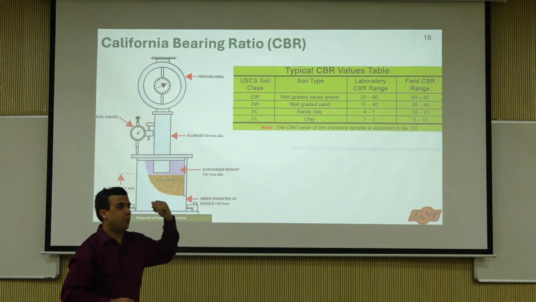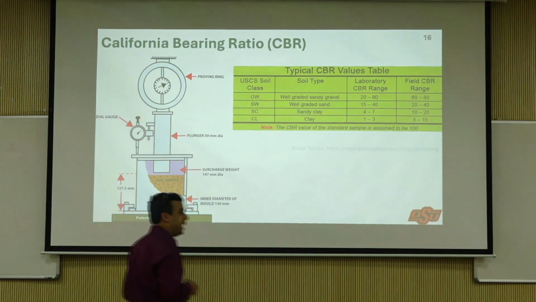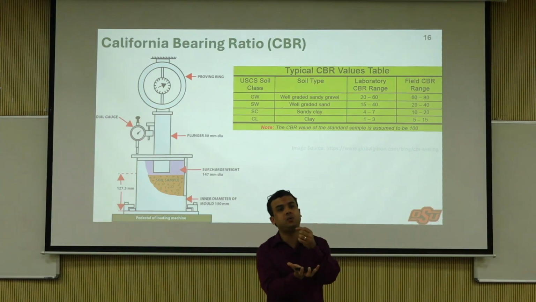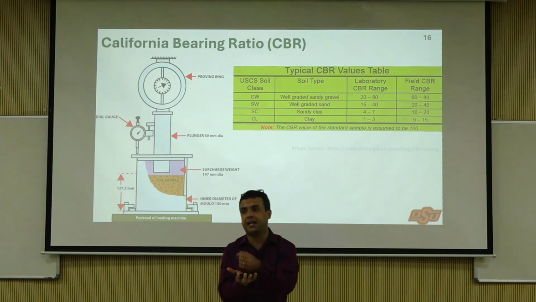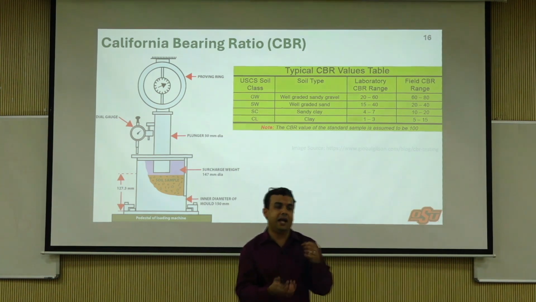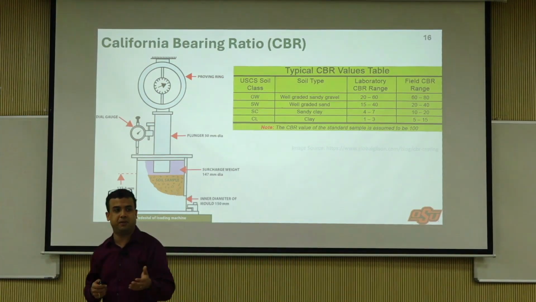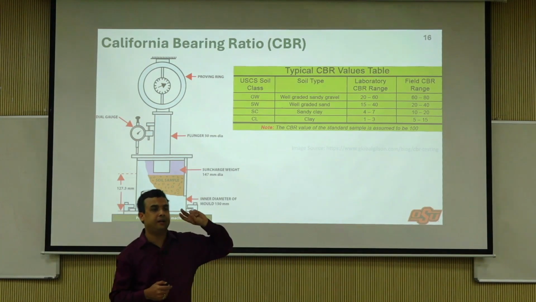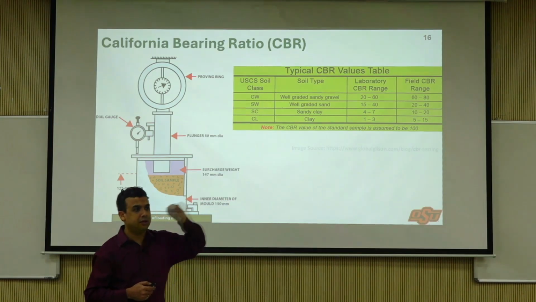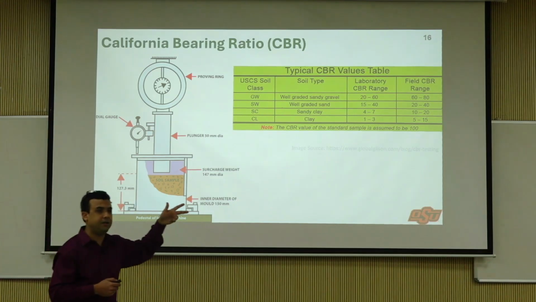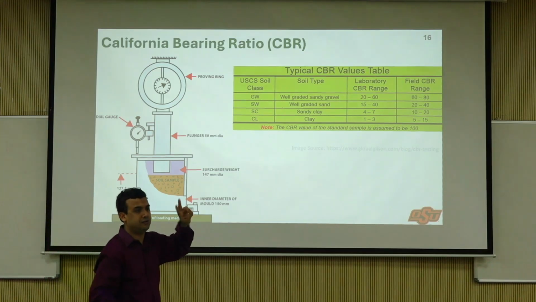What we are going to do is run a test with a plunger. It's a metal plunger that goes into the soil or the aggregate at a given rate, and I keep measuring the resistance the plunger is experiencing. I will pick it at two values, 0.1 inch, which is 2.5 millimeter, and 0.2 inch, which is 5 millimeter.